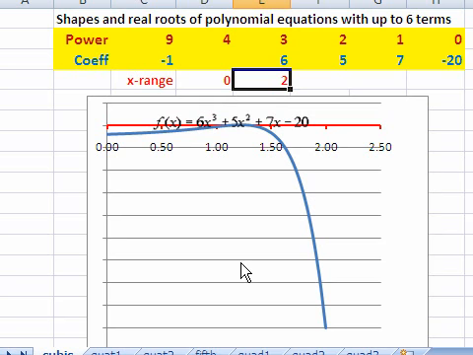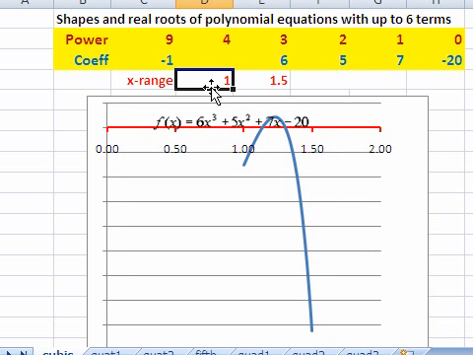And it looks like there's a root between 1 and 1.5. There are two roots between 1 and 1.5, one closer to 1 and one closer to 1.5.